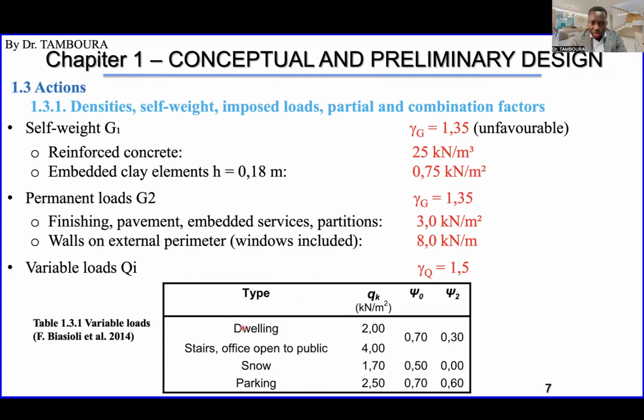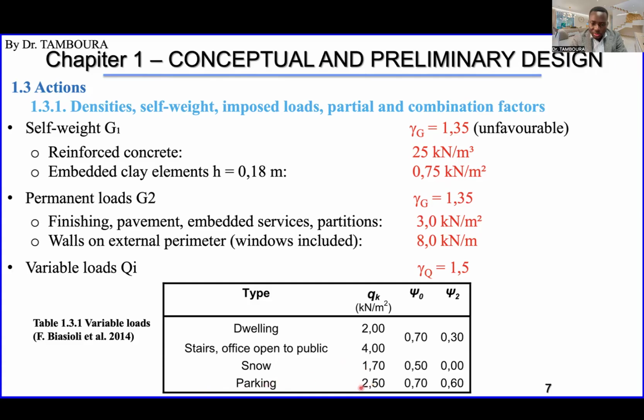For living, people are living there, as we said, we consider this 2 kilonewton per square meter. For these stairs, office open to public, sorry, 4. For snow, 1.7.